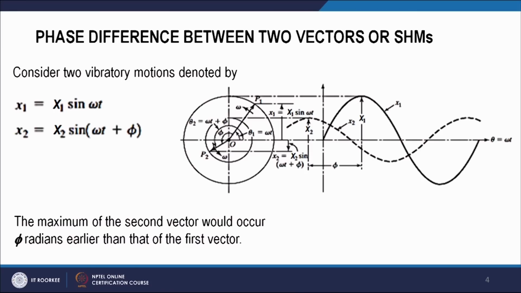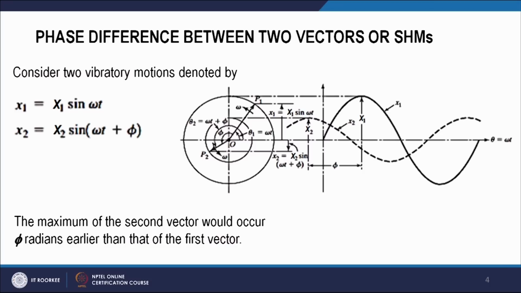So, this is a vector diagram. On the vector diagram we can see this is x1. Both have the same frequency. So, both vectors, OP1 and OP2, are moving with the constant angular velocity omega.